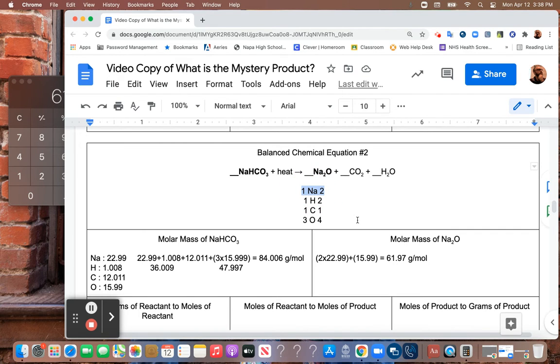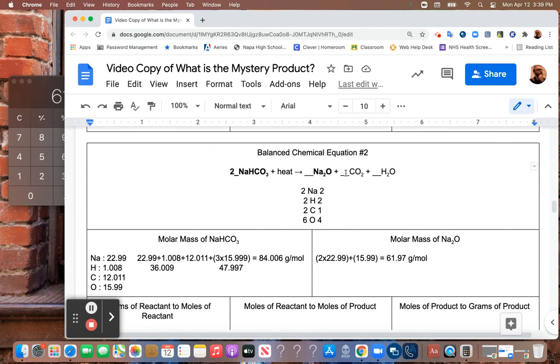Okay, so I'm going to start here. I want 2 sodiums on the left. So what number do I put here so I end up with 2 sodiums? Yeah, 2. So now look at this. I now have 2 sodiums on the left, but I also have 2 hydrogens on the left. I also have 2 carbons on the left, and I have 6 oxygens on the left. Okay, so my sodiums are balanced, my hydrogens are balanced, my carbons are not balanced.